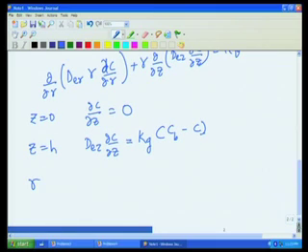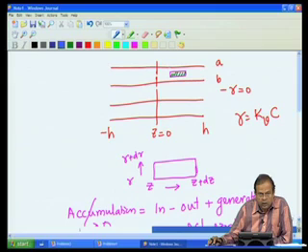What about r equal to A? What is happening at r equal to A?